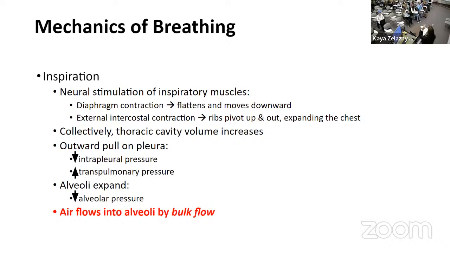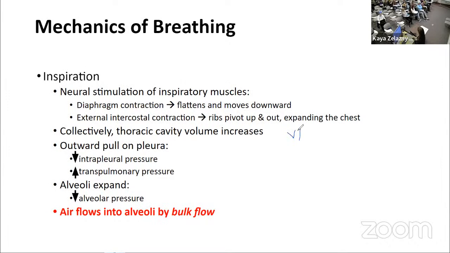That diaphragm flattens, pulling down, making that thoracic cavity taller. Those external intercostals, as they contract, are pivoting your ribs up and out, so we're expanding side to side and front to back. This is making our thoracic cavity increase in volume, which means ultimately we're going to be dropping down our pressure.